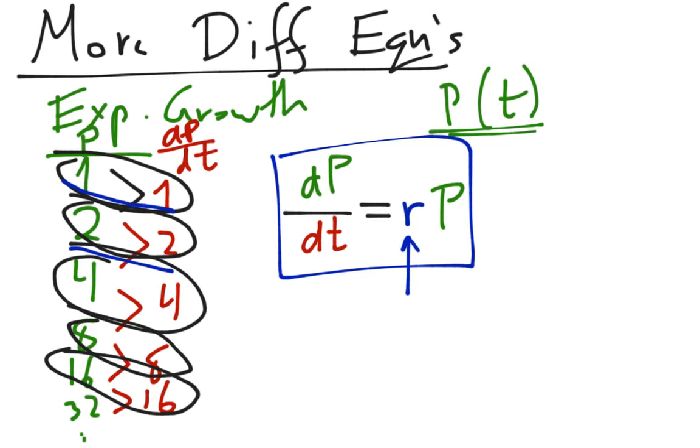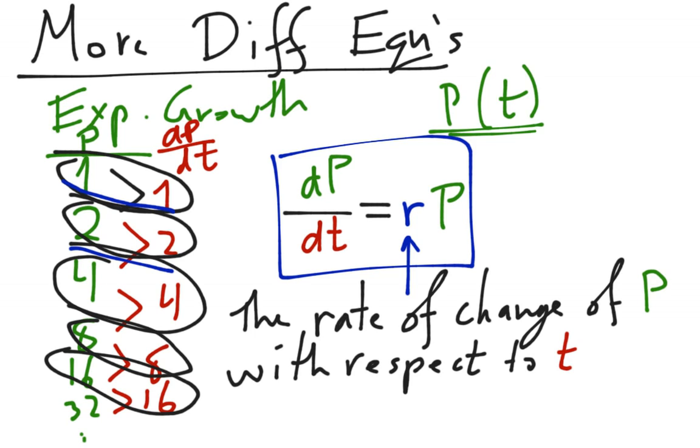The derivative on the left-hand side is, just like with related rates, the rate of change of P, population, with respect to T. So the derivative is long in words, but that's what it is. The equal sign is, well, not equal to, it's directly proportional to, and that's the R. That's how the R fits into this.